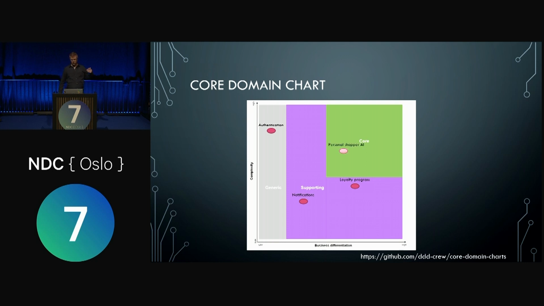And then we might come up with a very special personal shopper, AI, machine learning, whatever buzzwords put together, and that might also differentiate us and might be complex. So we can group these things into what the core is, what's supporting the core, and what's generic, which we should probably either download or buy.